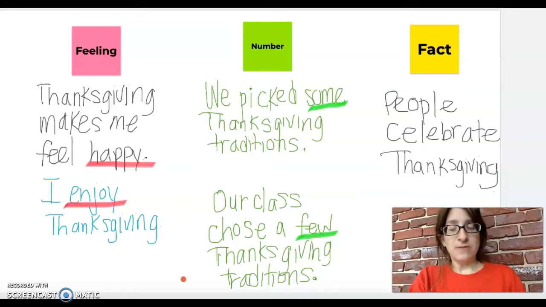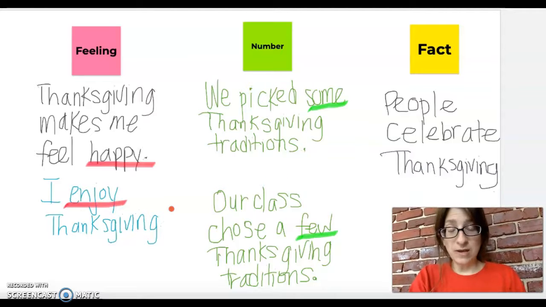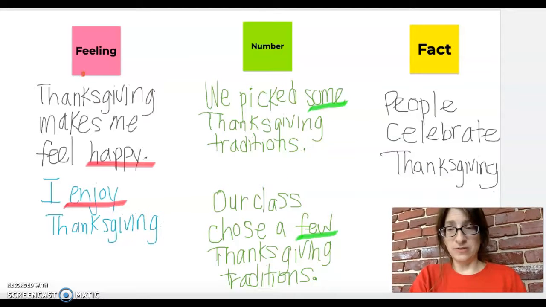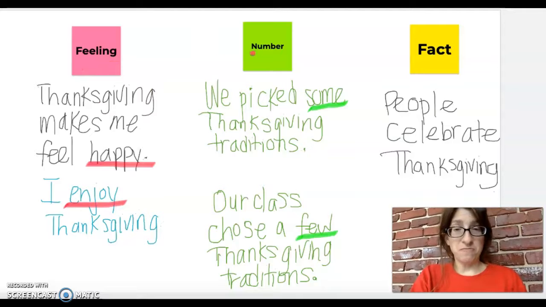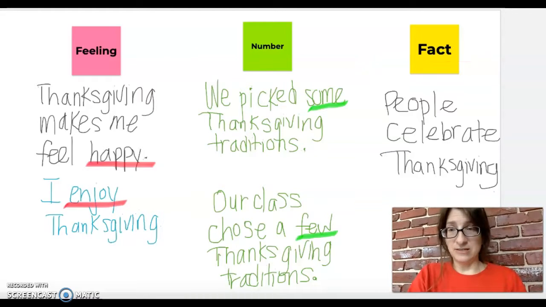So I might be giving you some examples of these in my story. Or I could start with a fact. It's a fact. People celebrate Thanksgiving. And then I could explain how they celebrate Thanksgiving or what exactly people do. Remember, feeling, number, or fact.